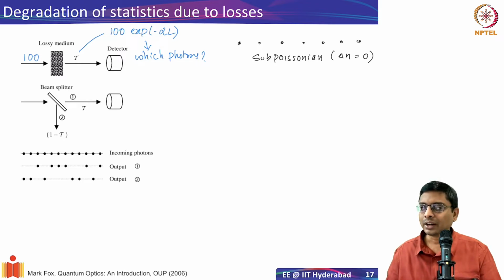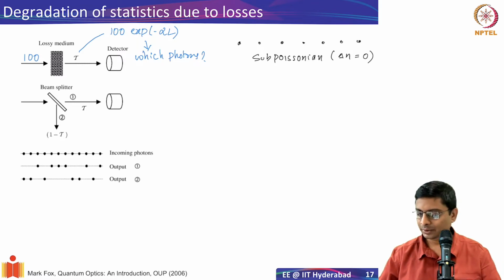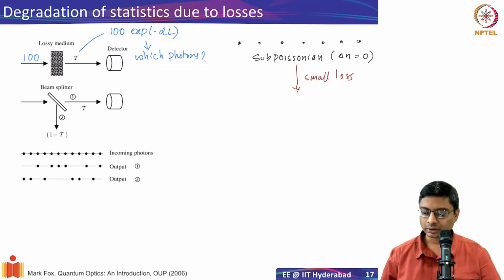Now, what happens if I send this light through a medium with some loss? Let's assume initially there is some small loss. What do we expect the output to be? Of course, some of the photons are going to get absorbed as they propagate through the medium.